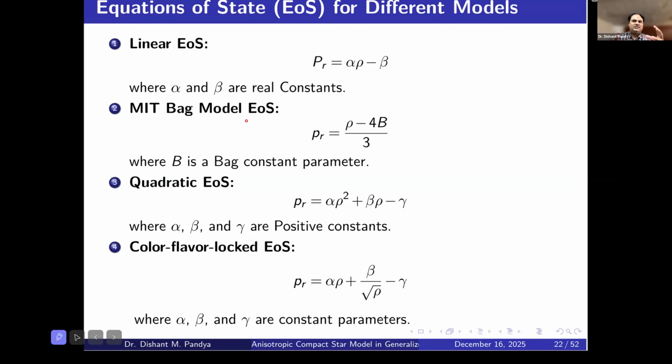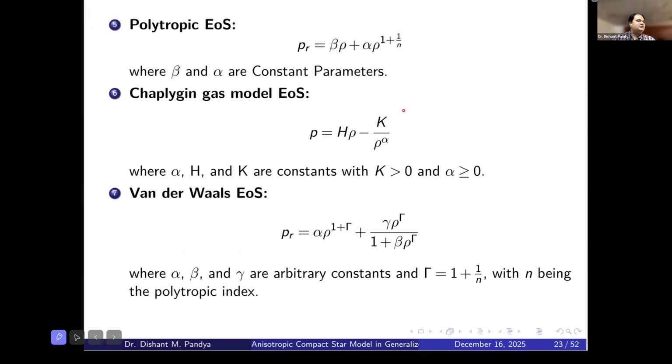They consider the matter distribution as a sphere where quarks and gluons are inside, and they give this structure the name bag. That is how the name came about. Similarly, there are the quadratic equation of state, the color-flavor locked EOS, the polytropic EOS, the Chaplygin gas model, and the van der Waals equation of state. So these are a variety of equations of state that come into the picture while studying stellar structure. So we have numerous possibilities.